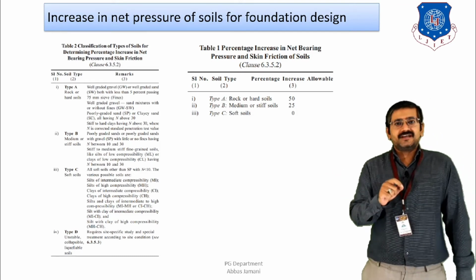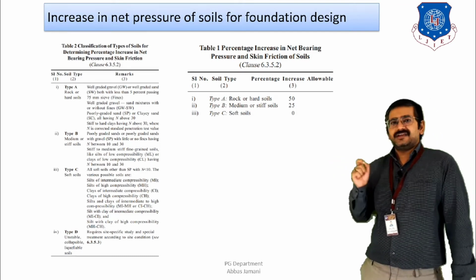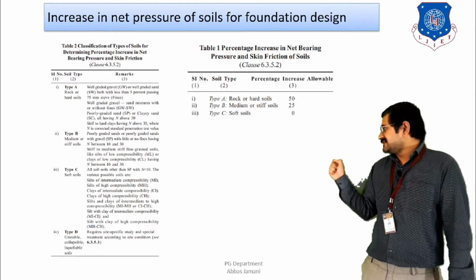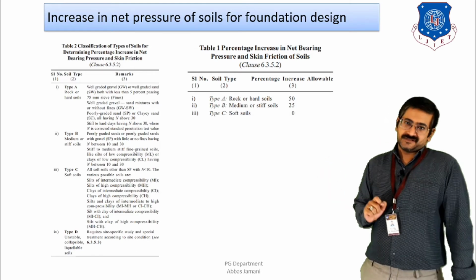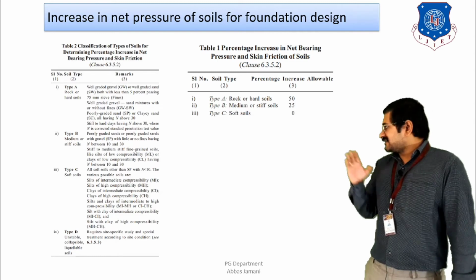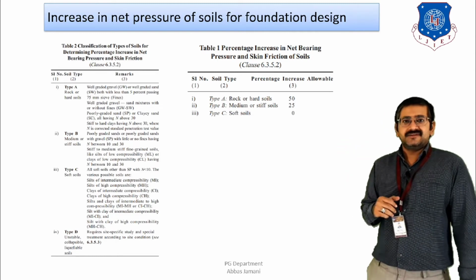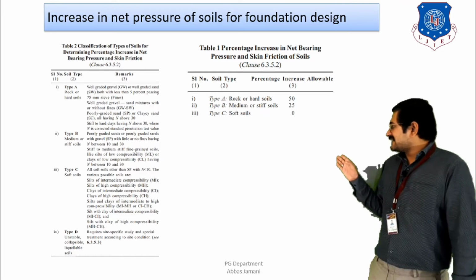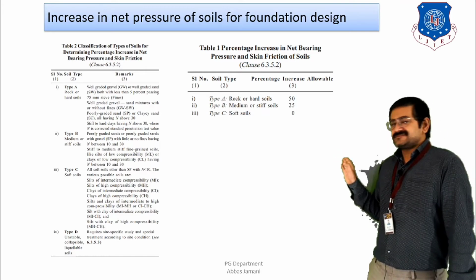Now type A soil is the one which is known as the rocky strata or the hard strata. Type B is the medium strata and type C is the soft strata. Now in case of the rocky strata, the permissible bearing pressure can be increased by 50%. Second, in case of medium strata, it can be increased by 25%.